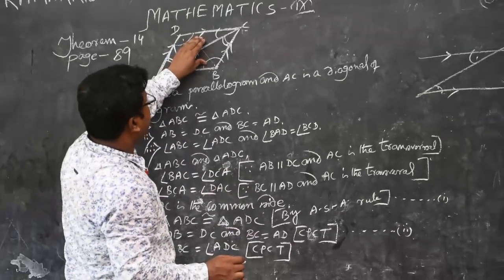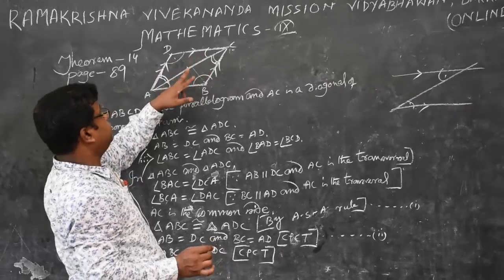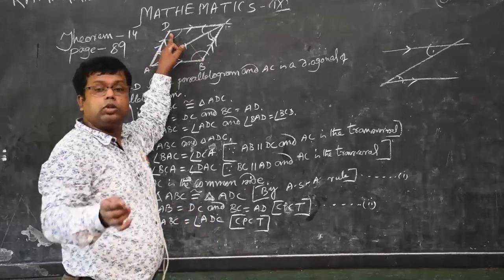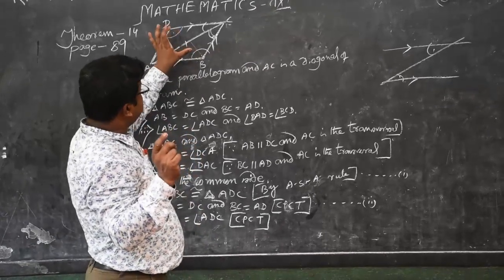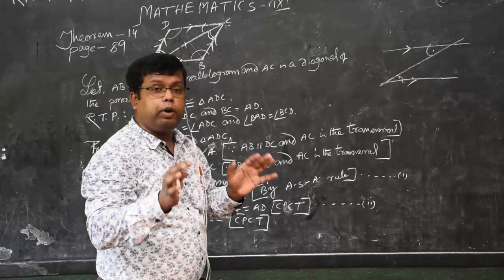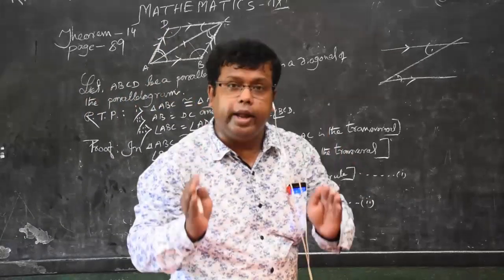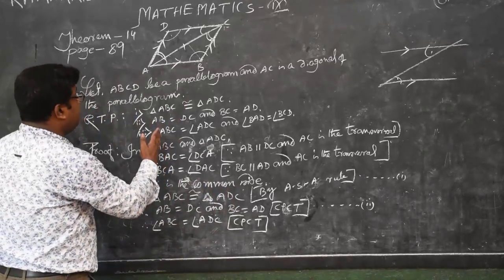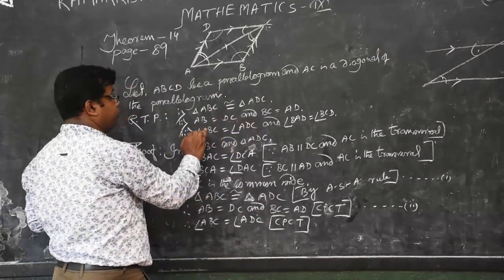The triangles are congruent, and this is the common side, so the angles opposite are equal. Clear? Now we have proved only the first part of the third proof.